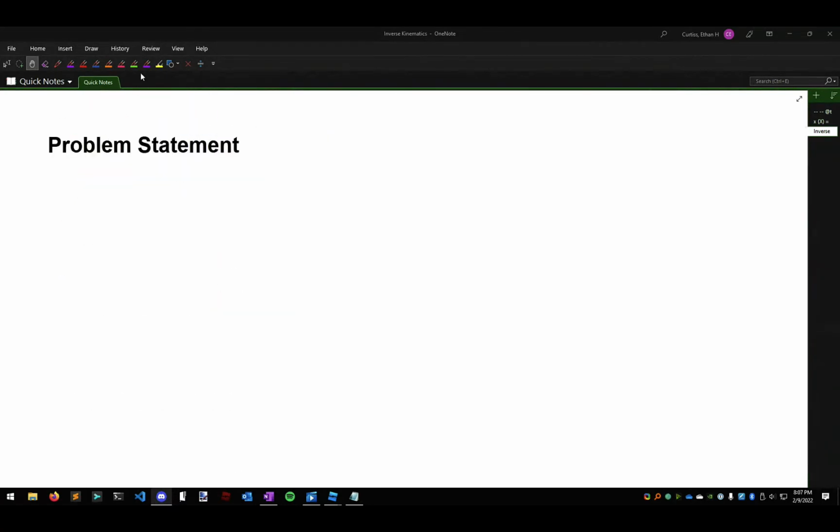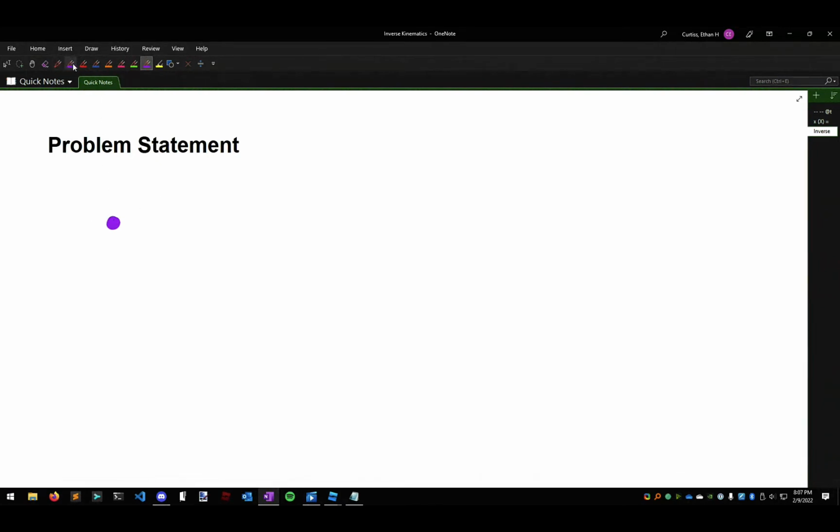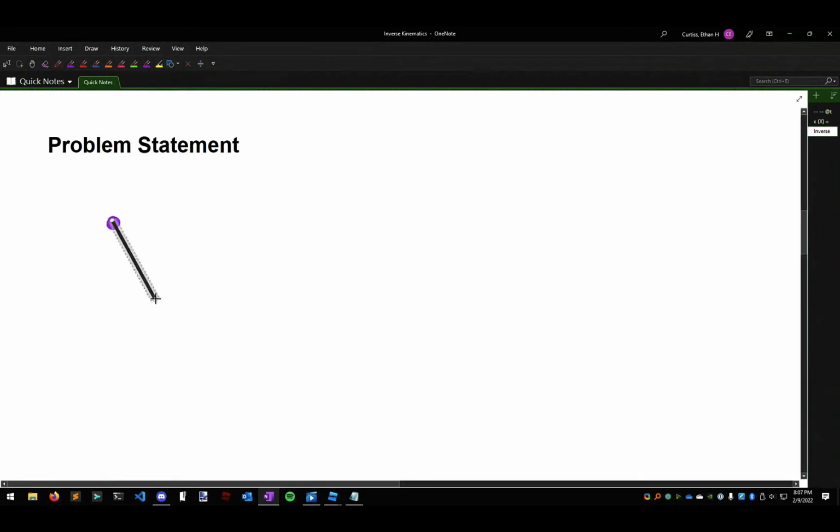Okay, so the problem statement here is we're dealing with robotic arms. So think of we have a robotic arm. We start it at the shoulder, and we have some arm segments, and then it ends here at, I guess, the hand.